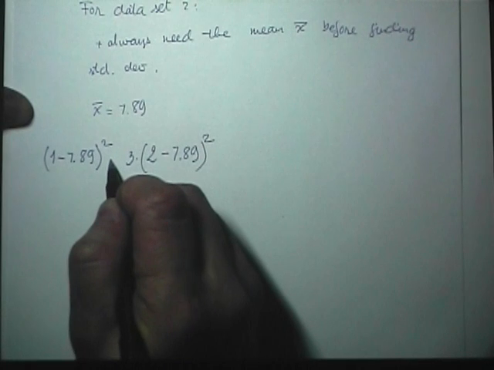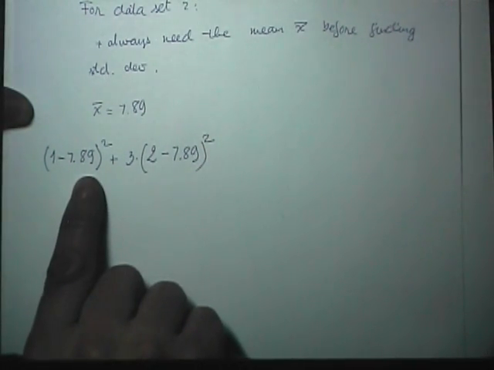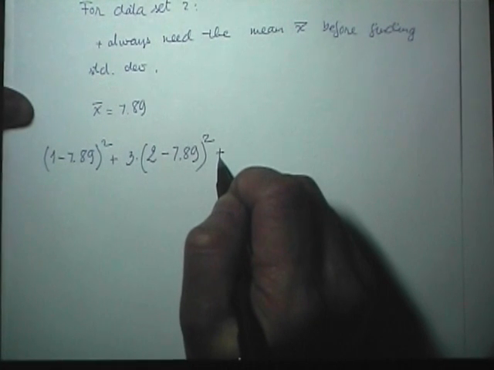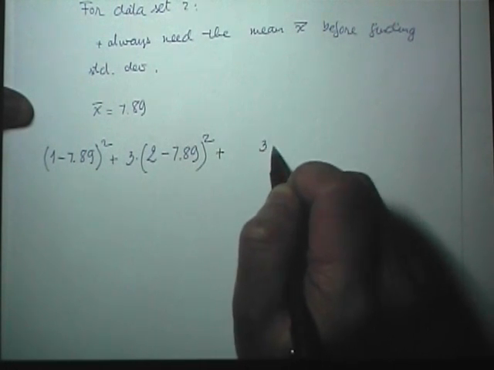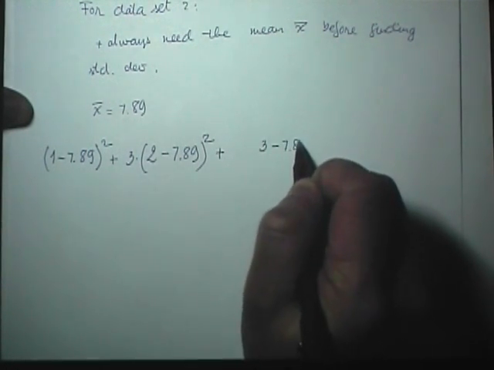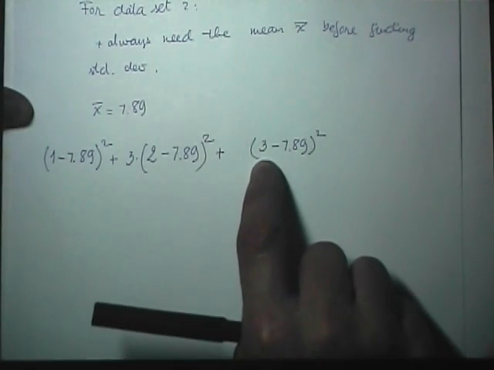And then I'm going to add that to what I've got earlier. Once again I keep doing the same thing. I'm moving on to my next data value, which is the 3. 3 take away 7.89, which is the mean value, and I'm going to square that. How many 3's are there?